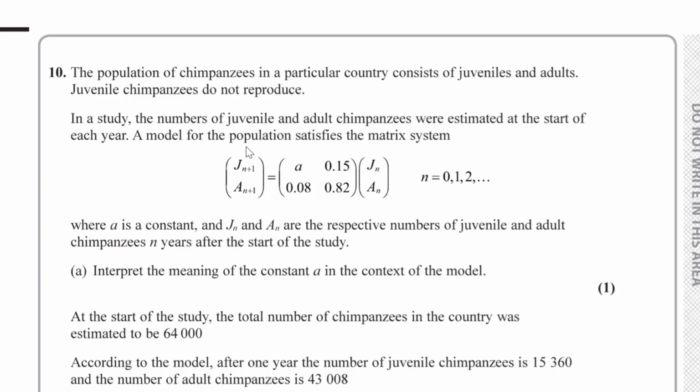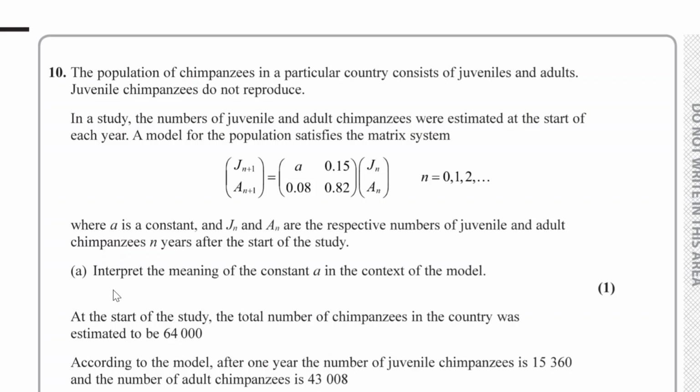A model for the population satisfies the matrix system Jn plus 1, An plus 1 equals the matrix A, 0.15, 0.08, 0.82 lots of Jn, An, where n is equal to 0, 1, 2, etc. A is a constant, and Jn and An are the respective numbers of juvenile and adult chimpanzees n years after the start of the study.